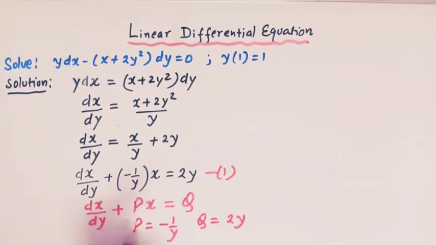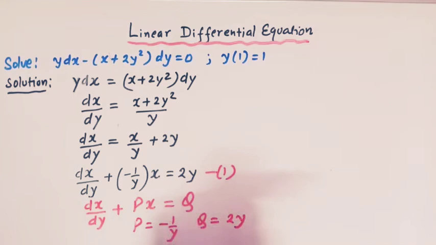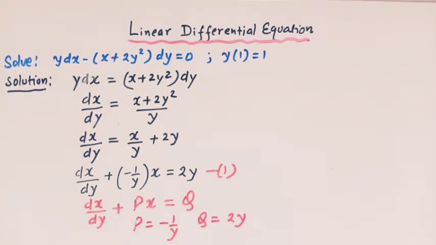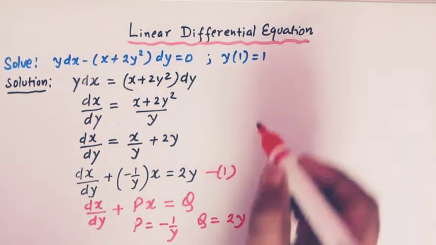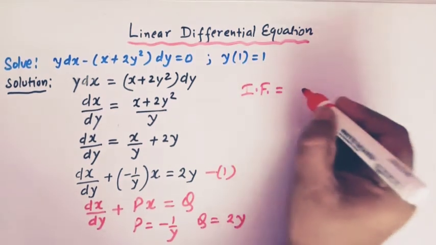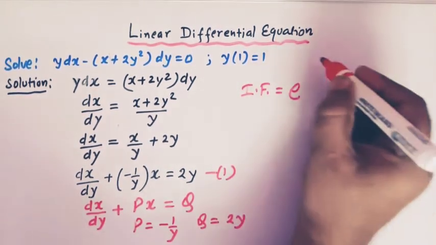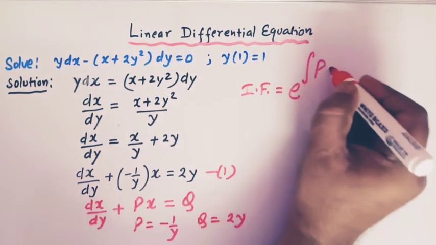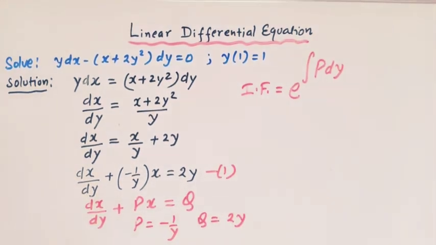Here P and Q are functions of y. In order to solve a linear differential equation of this type, we first find the integrating factor of equation 1, which is given by e raised to the integral of P dy.